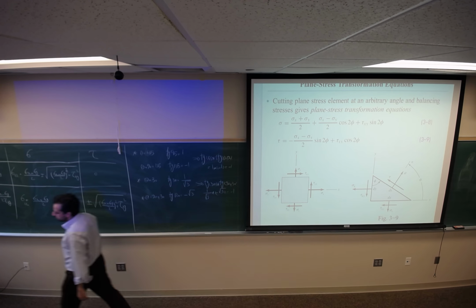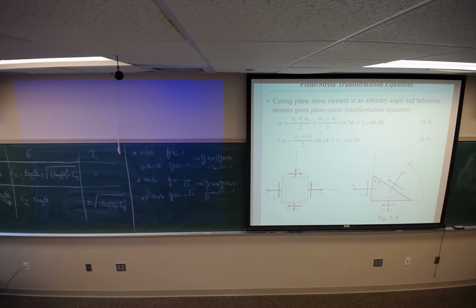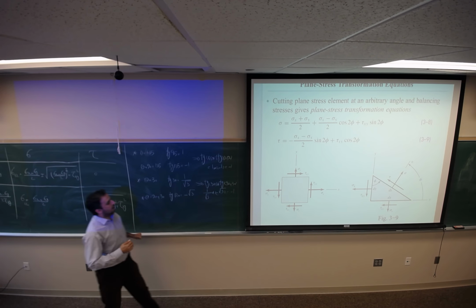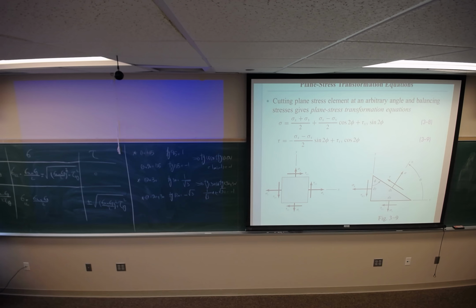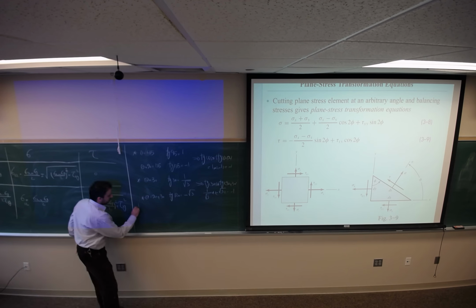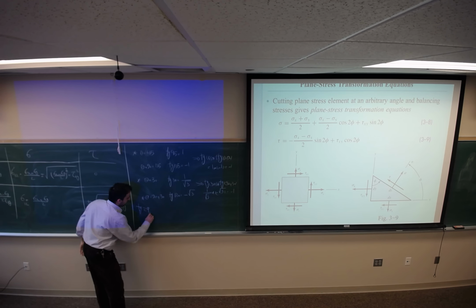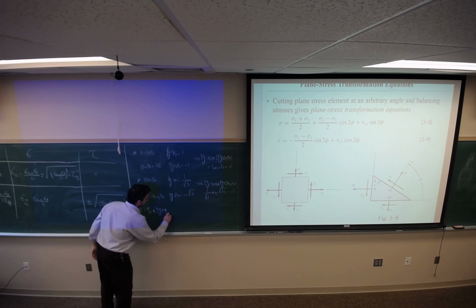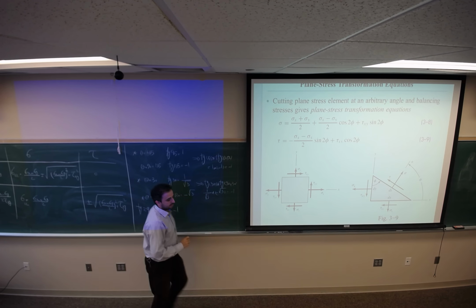We can't prove that mathematically here, but I just want to show you with some numbers. So now, if you look at the principal normal direction and the principal shear stress direction, if you multiply tangent 2 phi p times tangent 2 phi s, you will get exactly negative 1.